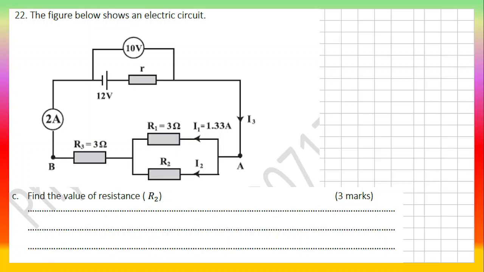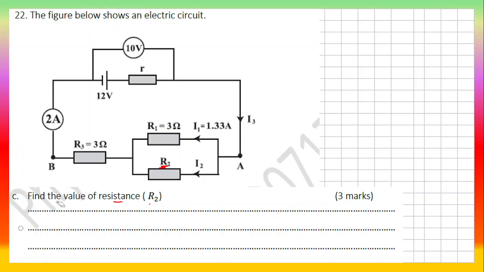And then part C, we are being asked to find the value of resistance R2. R2 is here. So how do we get the value of R2? There are a number of ways, but I want to give you the easiest way.